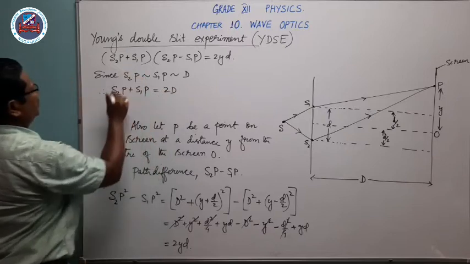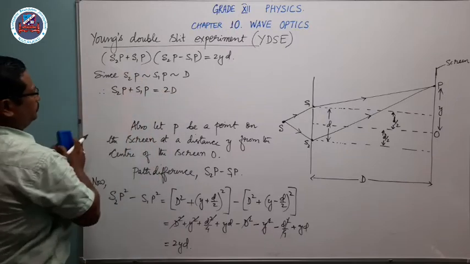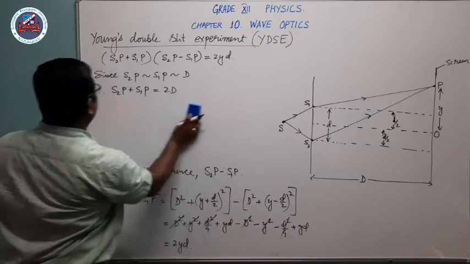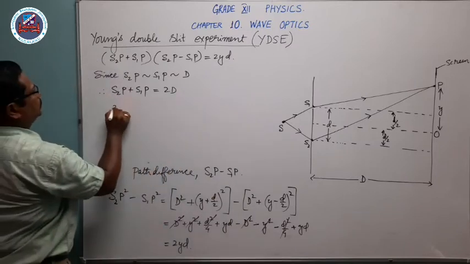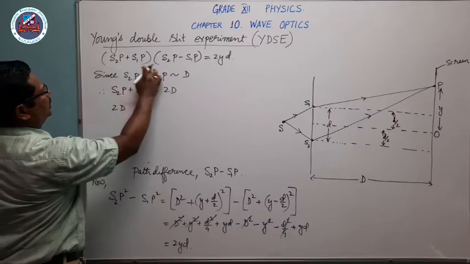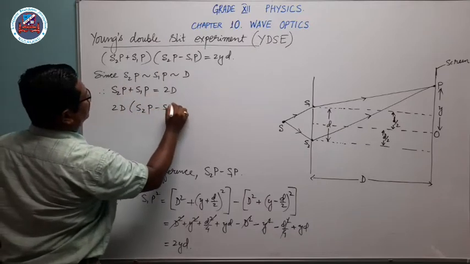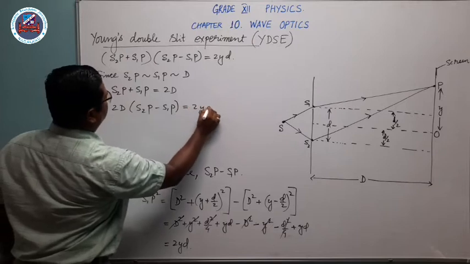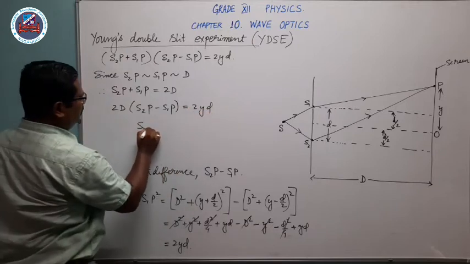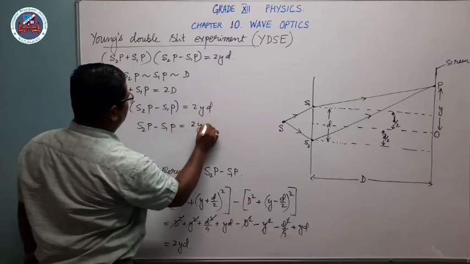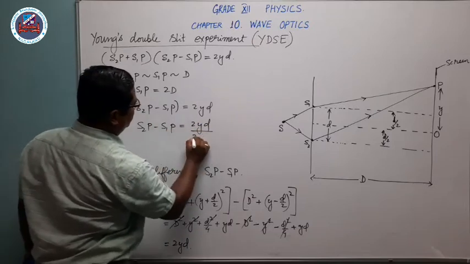So S2P minus S1P into 2D is equal to 2YD. So S2P minus S1P is equal to 2YD divided by 2D.